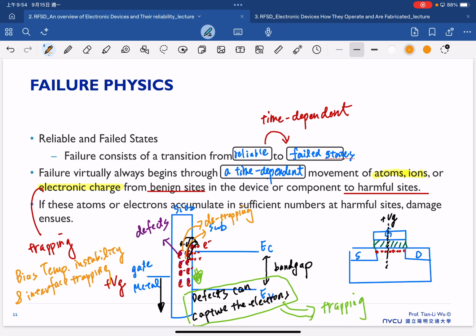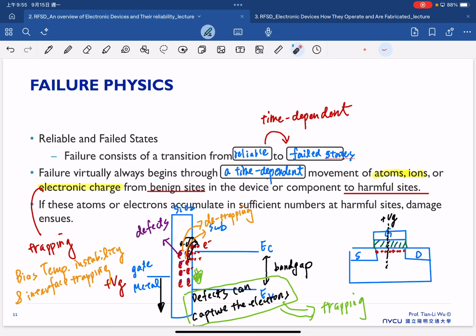This is a huge topic that we will talk about later, but it gives you a sense that once electronic charge moves from a benign site to some harmful site, in the end we create an unstable characteristic.